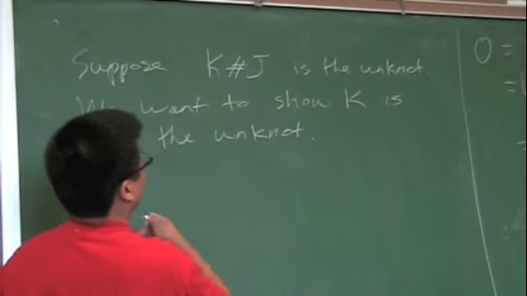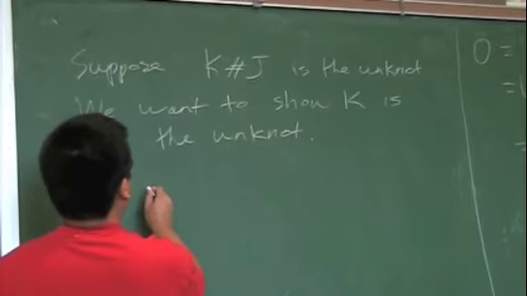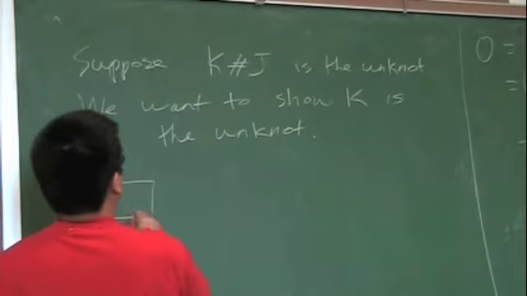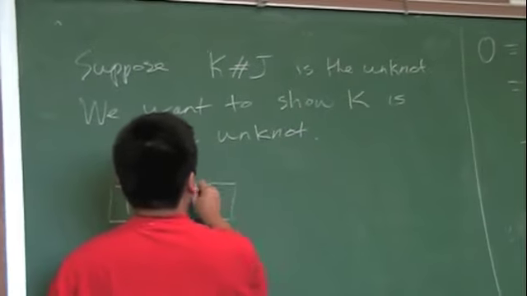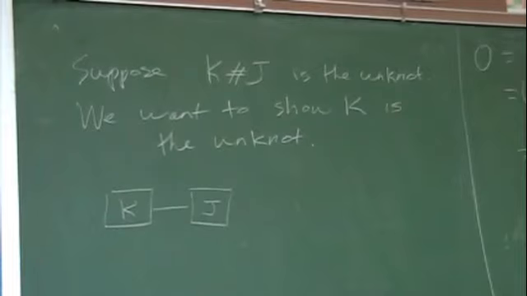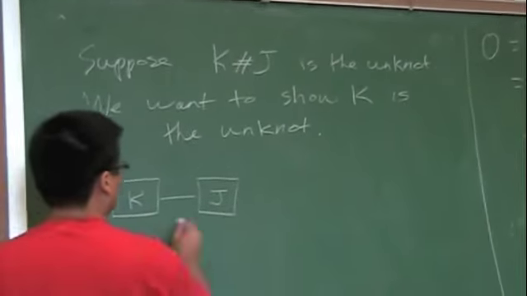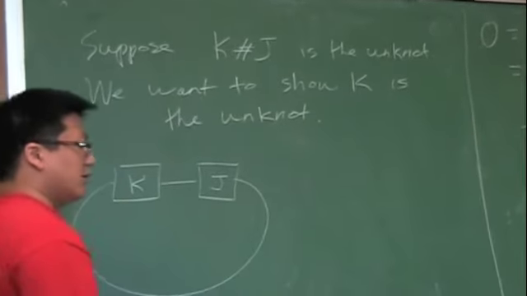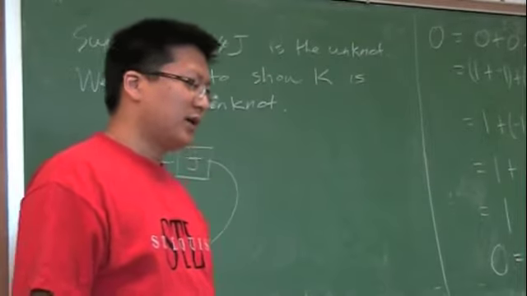Alright, so if this is the unknot, let's draw our little box picture on a string like last time, on a big loop. So one thing I'm going to do in this proof to make things easier: there's a little thing I'm not quite going to explain, but if you think about it, you might be a little bothered.